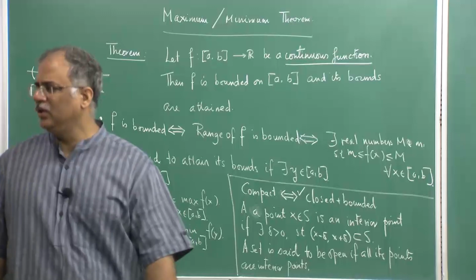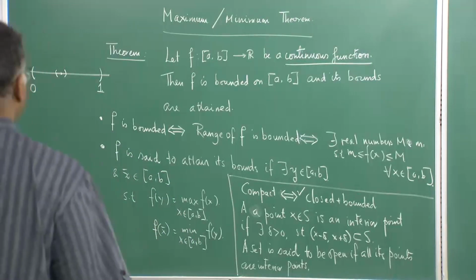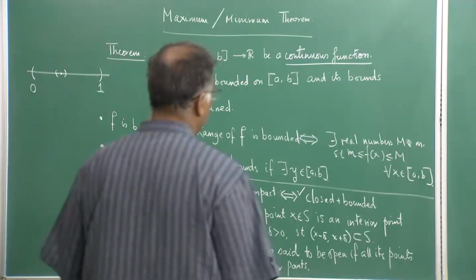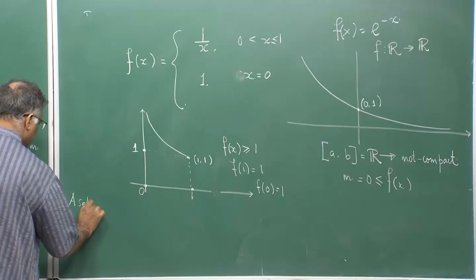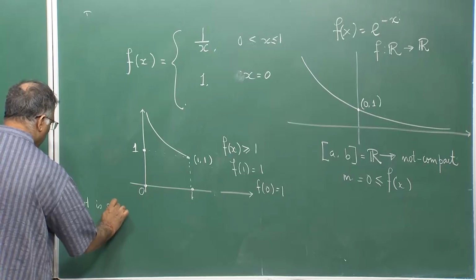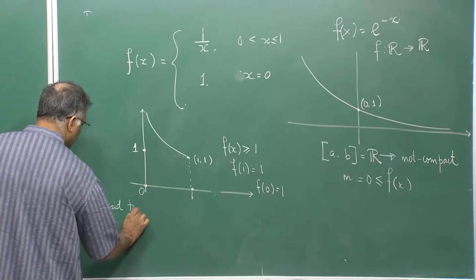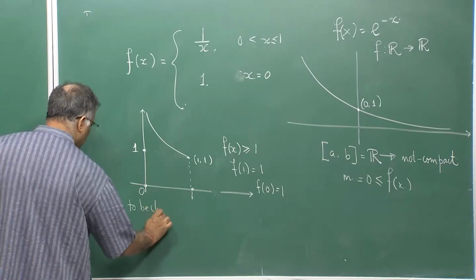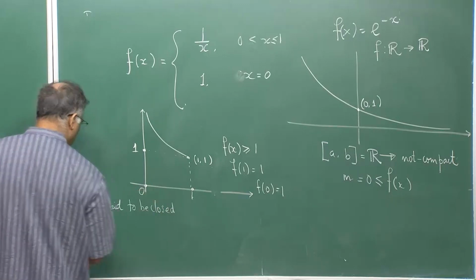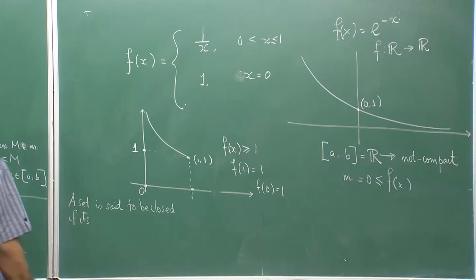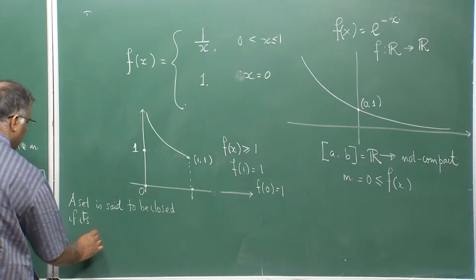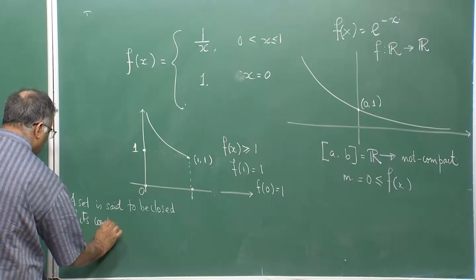A set is said to be closed if its complement is open.